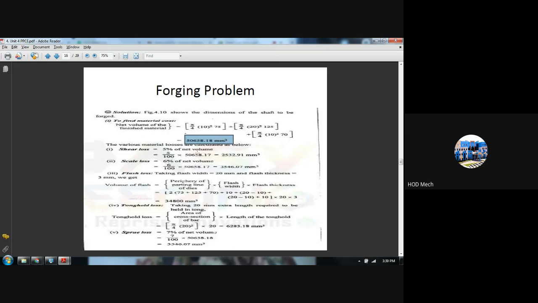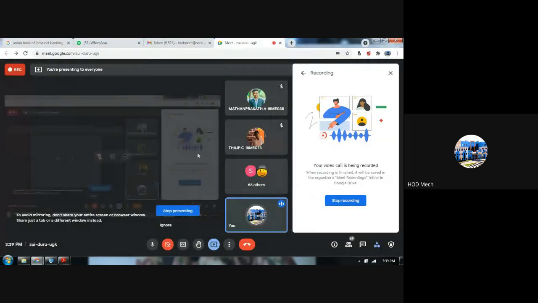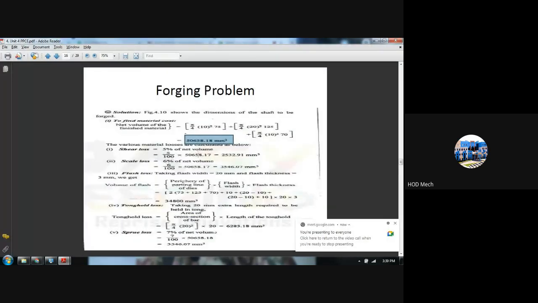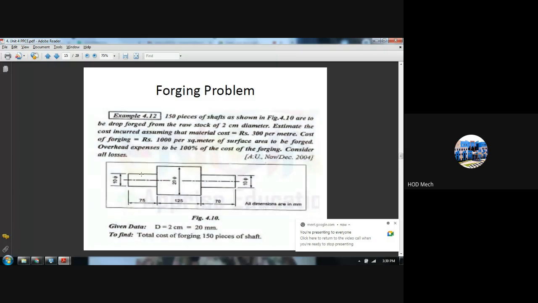So always remember, when you go into forging, the first step is calculation of net volume. Net volume is the volume of this material as shown in the diagram. What is your final output? This diagram is what I need. My shaft should be in this shape, right? So that is the net volume. But you cannot get this shape directly. There will be a lot of extra material, which you cut and remove, so many losses will come. So the volume calculated as given in the diagram is called net volume.